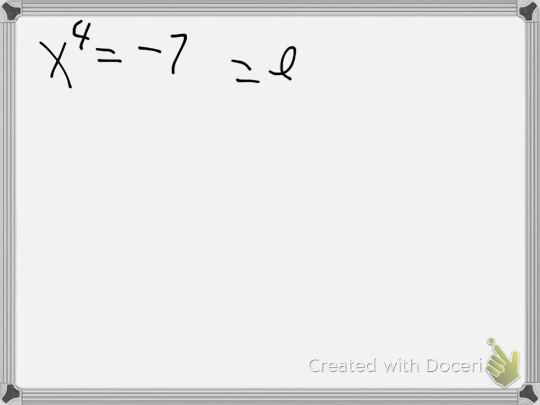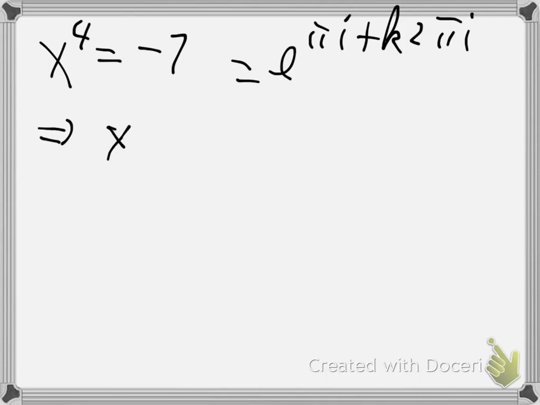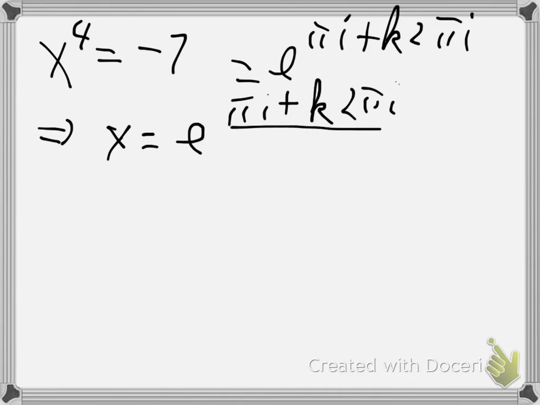Minus 1 is equal to e to the pi i plus k times 2 pi i, because it repeats, and so we get that x is equal to e to the pi i plus k times 2 pi i over 4, and k ranges from 0 to 3.